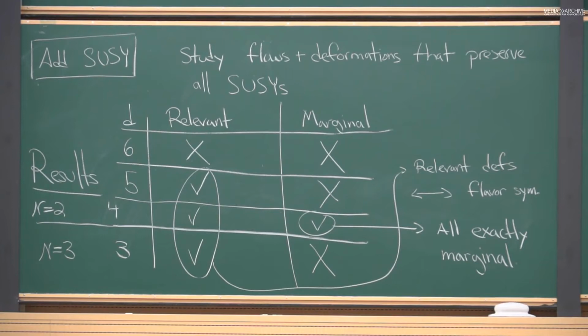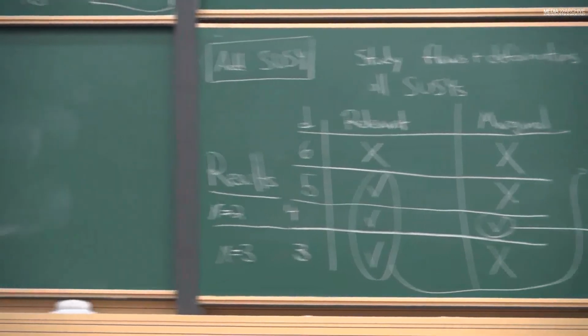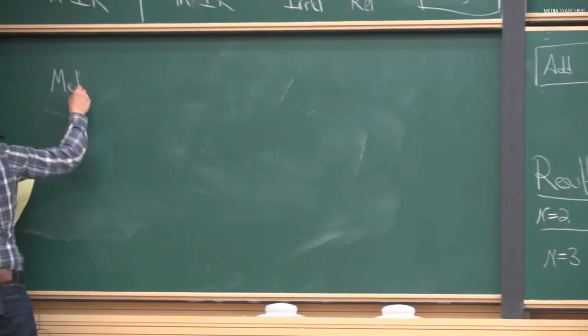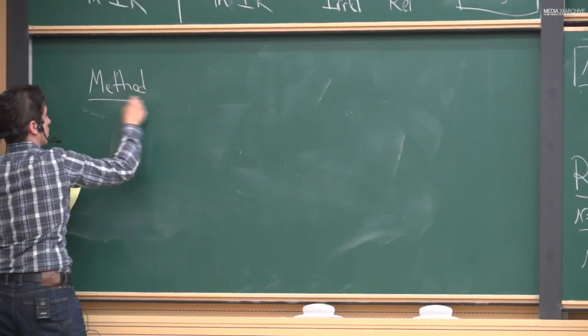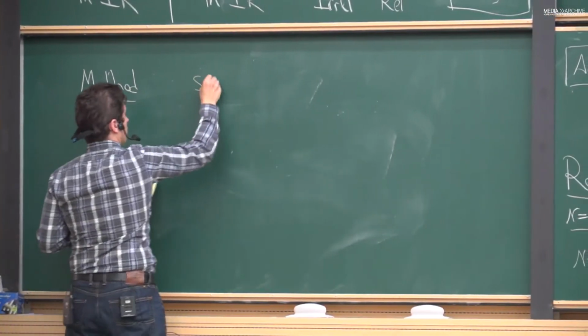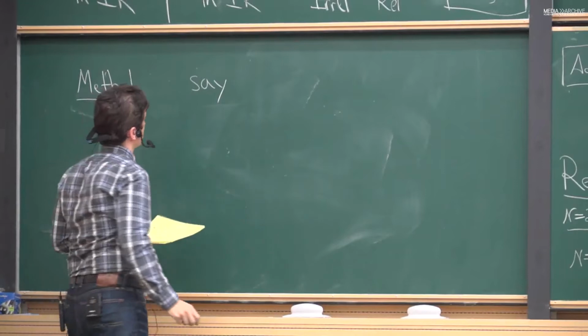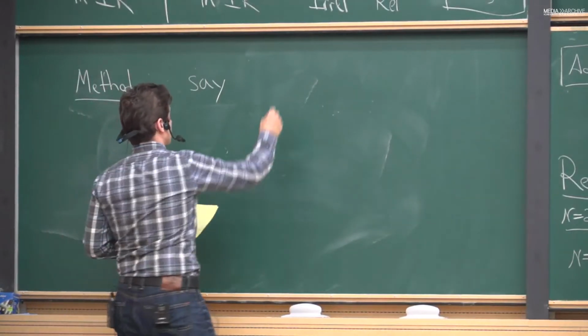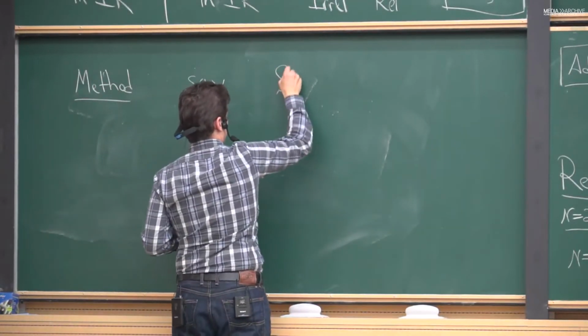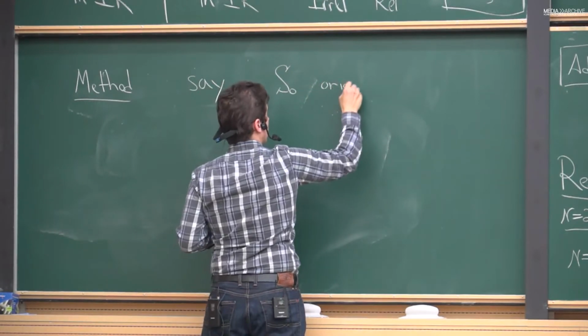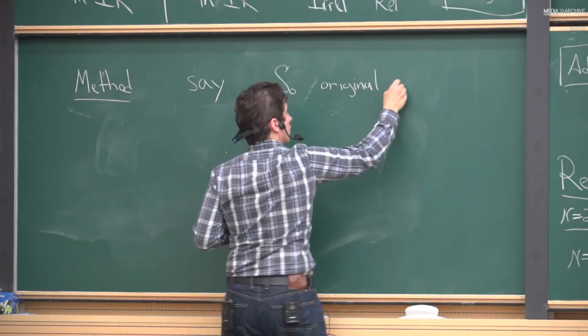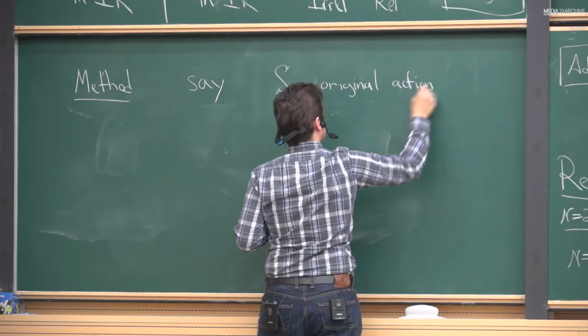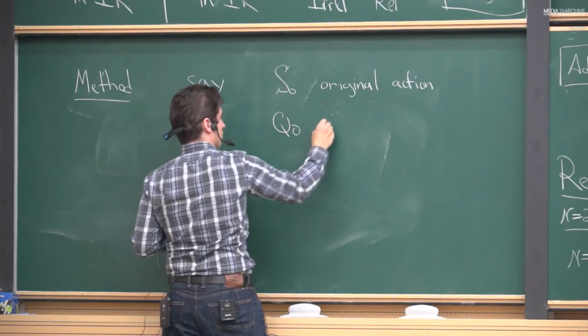Okay, so how are we going to do this? So what's the method? So say, this can all be phrased without an action, but let me just phrase it with an action so that it's very concrete. Say S naught is the original action. And Q naught is the original supersymmetry.